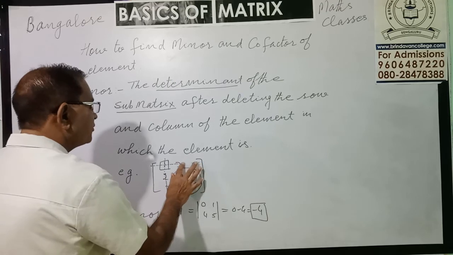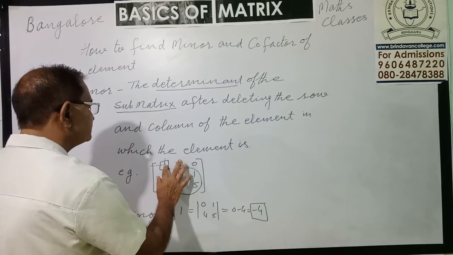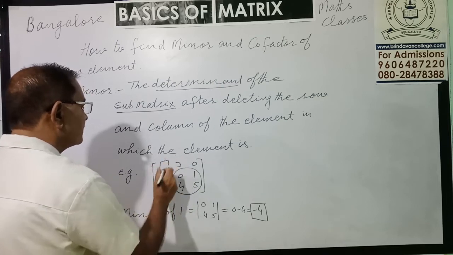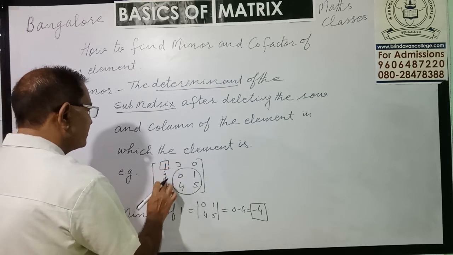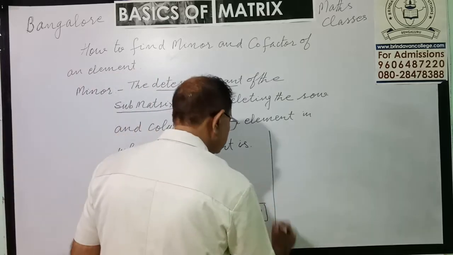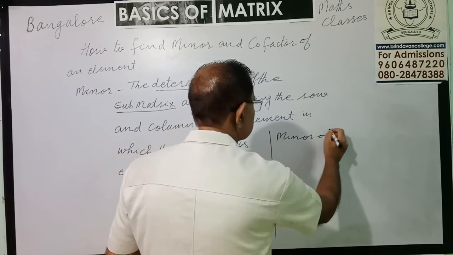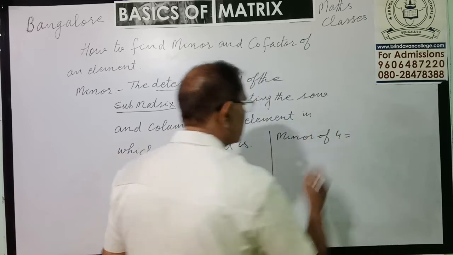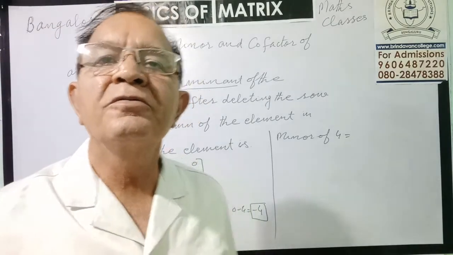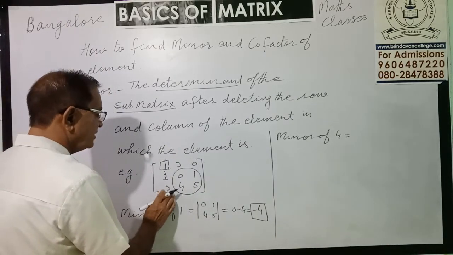Now, I am going to find the minor of say 4. Minor of 4. See how we can find the minor of 4. 4 is there in third row.